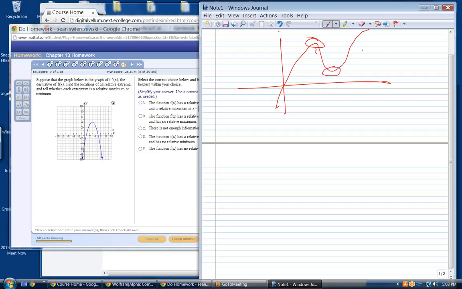Those two things share something in common. What is it? That they exist? I don't know. The slope of the tangent line is 0 on both of them. If I were to draw a tangent line, it would be flat at some point there. And it's flat at that local maximum or this local minimum.